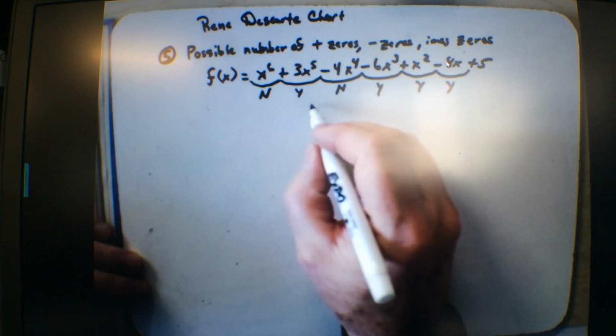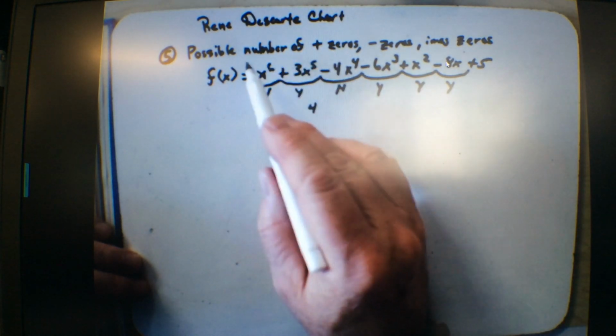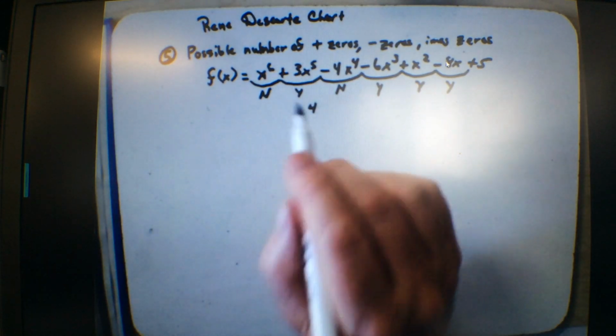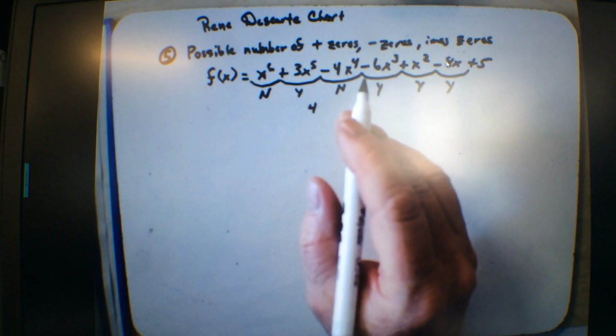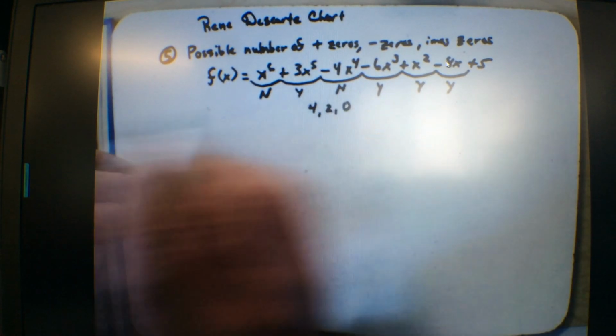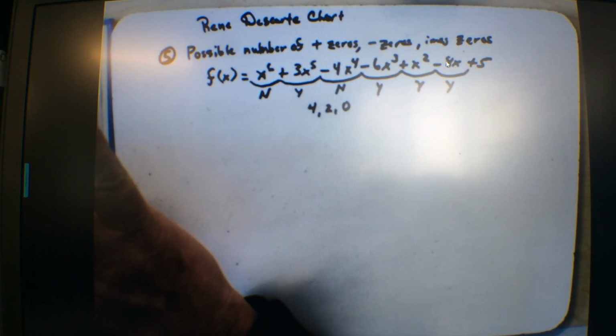Bo, how many yeses do I have? 4. So we either have a possible number of positive zeros is 4 or an even distance away from 4 going down. Alright, that means I have 4, 2, or 0. Harper, if it's odd, it goes down.